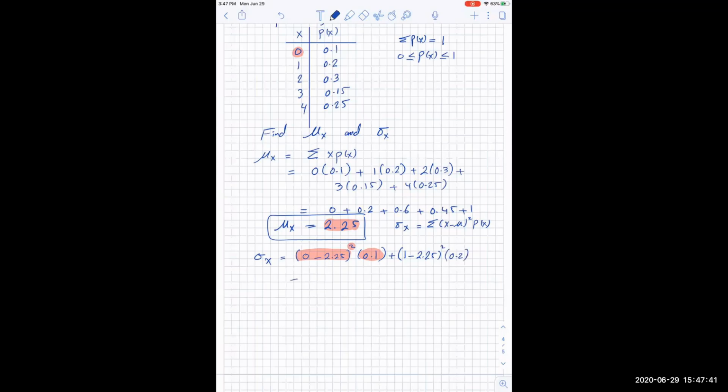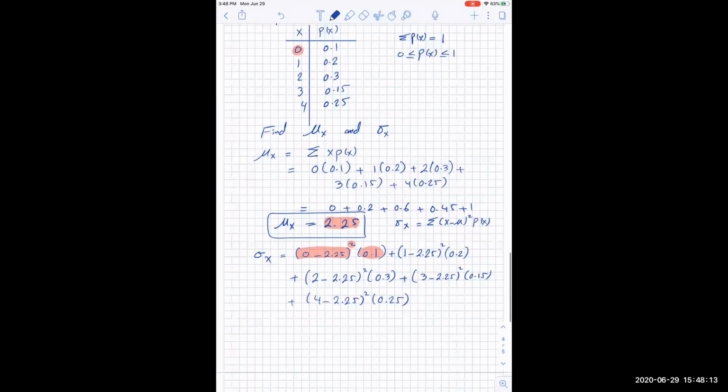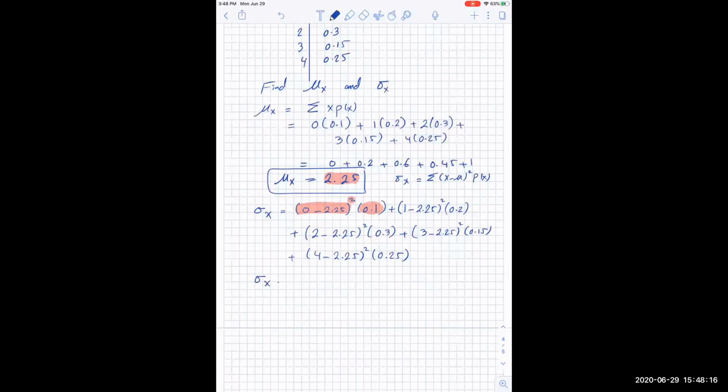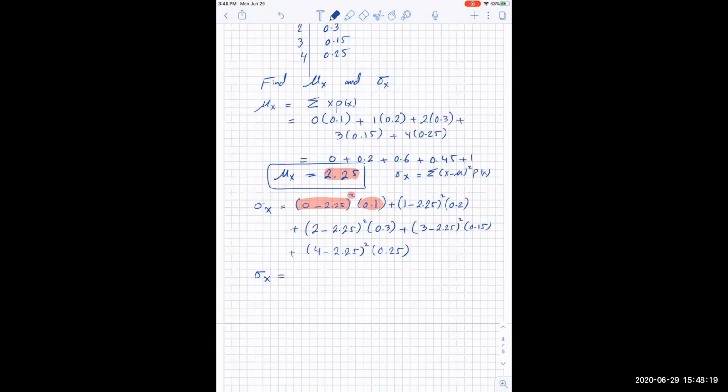And then the next value, 2 minus 2.25 squared times the probability of 2, which is 0.3. 3 minus 2.25 squared times 0.15, and then plus 4 minus 2.25 squared times 0.25. Questions? Continue.